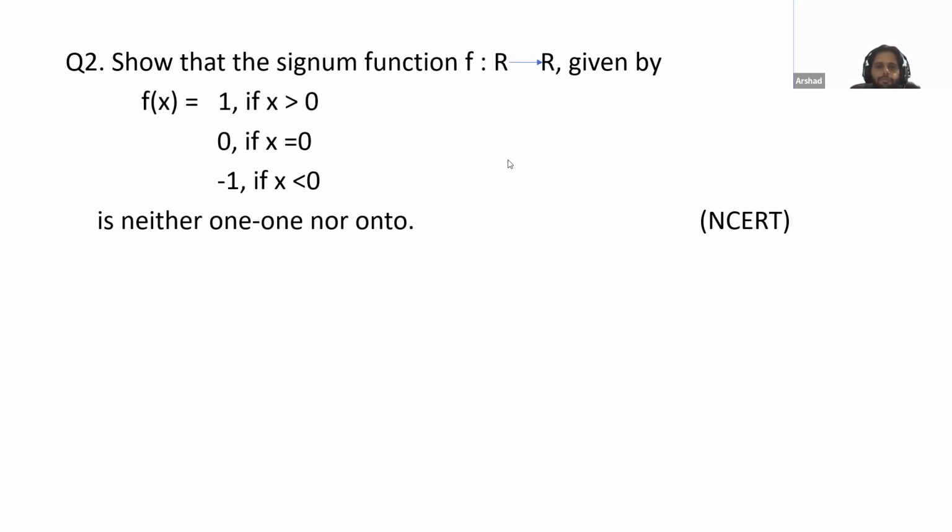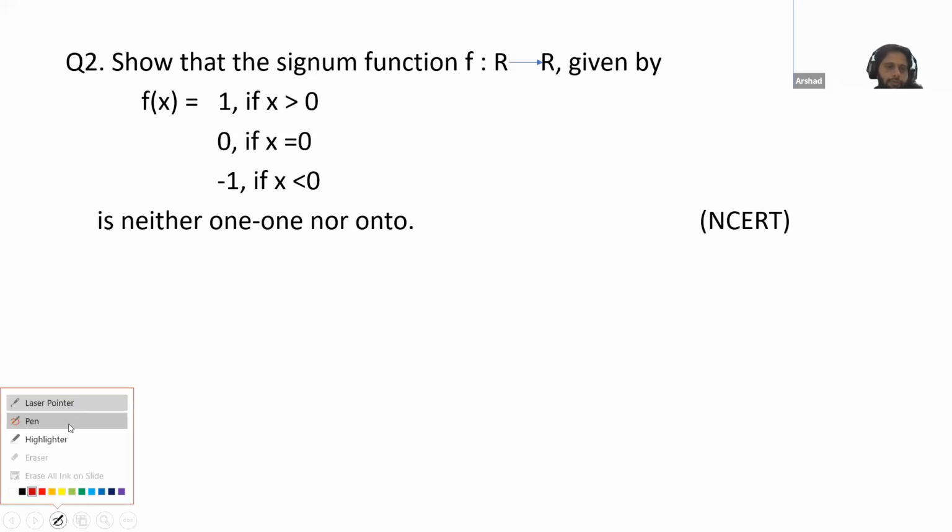Mazia, what is a bijective function? Fahad, are you there? Yes, sir. Fahad, can you tell me what is a bijective function? One-to-one and onto function. Yeah, perfect. So one-to-one and onto together are called a bijective function. Now we will try this question.